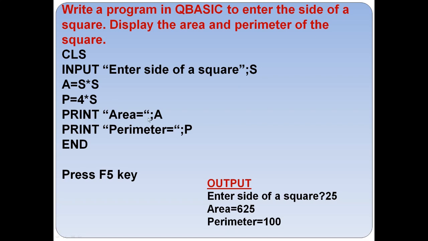Now print area A and perimeter P, then press the F5 key. When we press F5, it will ask enter side of a square. I have entered 25, you can enter 5 also, any side, but I have entered 25 here. So the area 25 multiply 25 became 625, and perimeter 4 multiply 25 became 100. This is the perimeter of the square.